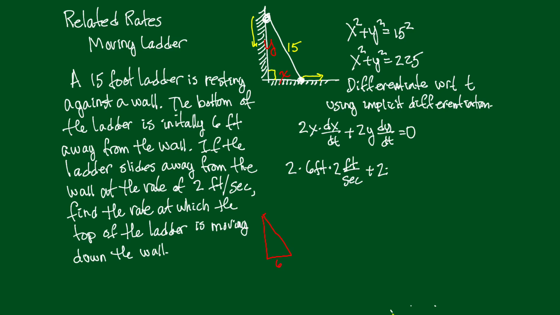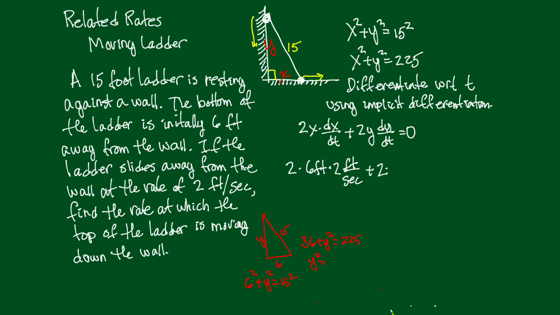This is 6, this is 15, and then this is y. So I get x squared, 6 squared, plus y squared equals 15 squared. So I get 36 plus y squared equals 225.